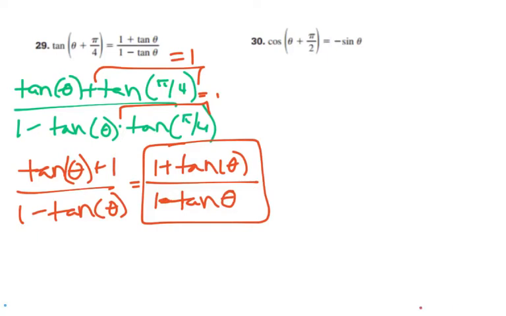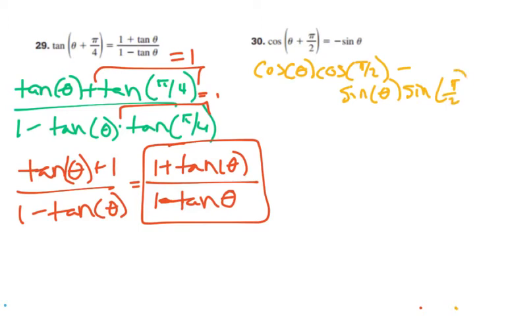Alright, and then our last one, cosine with addition, means that we've got cosine of the first piece, cosine of the second piece, and then cosine flips the sign, so minus sine of the first piece and sine of the second piece. So, hopefully remember from our previous problems, but cosine of pi over 2 is going to be, let's see, cosine is 0 and sine is 1.